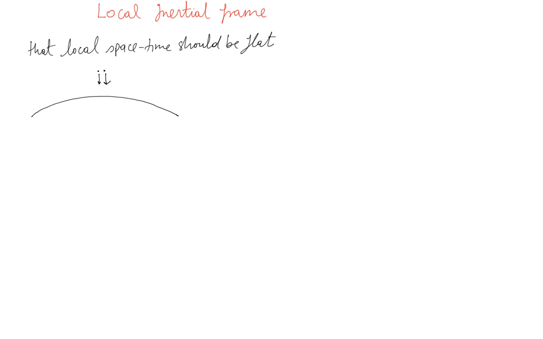If the distance between the balls, let's say d, is very much less than r, you can assume the Earth to be flat, and that's what it means that the local space-time is flat for this particular experiment.